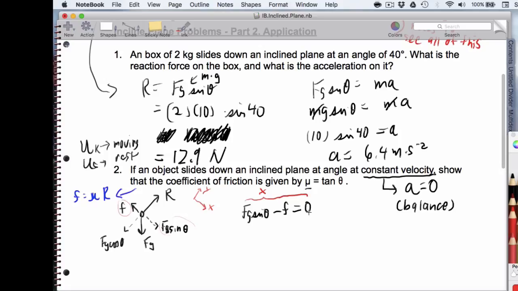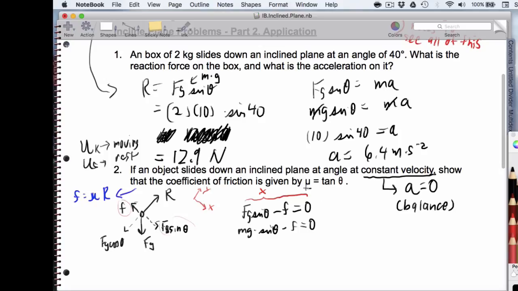And then you have to recognize how to translate this picture into a new equation, not given to you in the data booklet. The way I do it is by reading the picture. I have this arrow here, I have that arrow there, I subtract them and they balance. So mg sine theta minus friction equals 0.